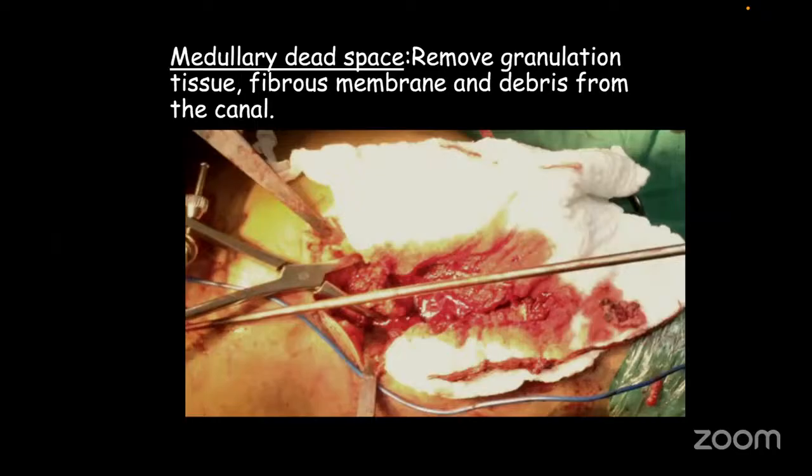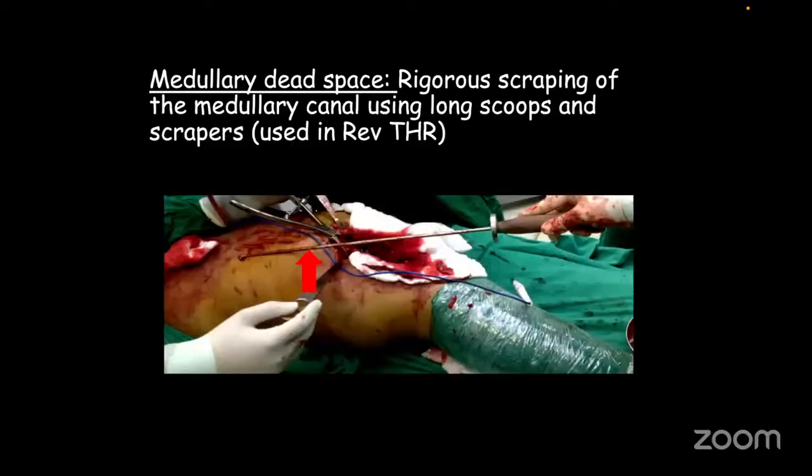Not only that, there is a granulation tissue inside the medullary canal, and the endosteum is lined, particularly when you have a chronic infection, by a fibrous membrane, and that needs to be cleaned thoroughly. All the debris from the canal must come out, and hence a closed exchange nailing is not a solution. A closed antibiotic rod is never a solution.